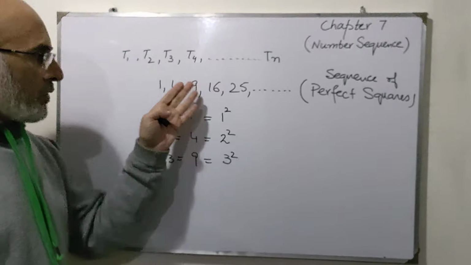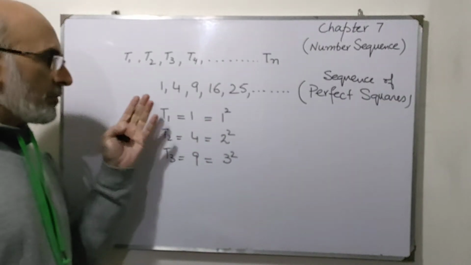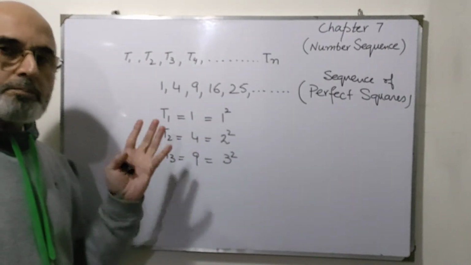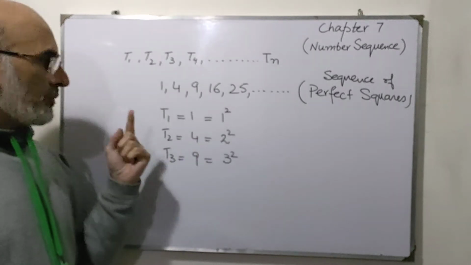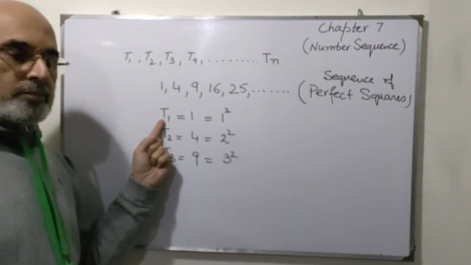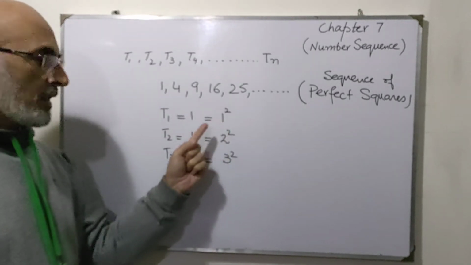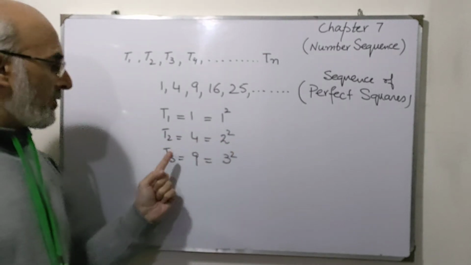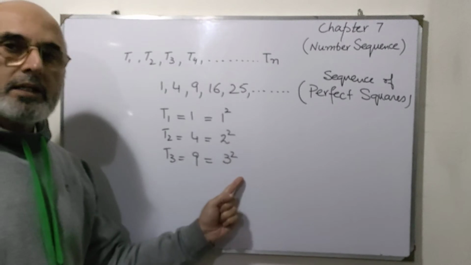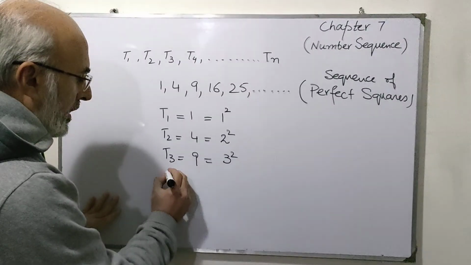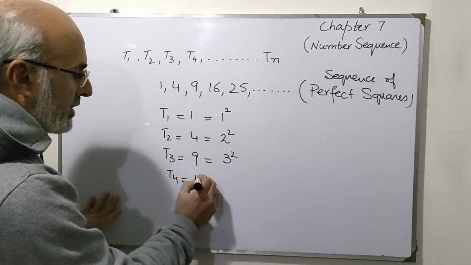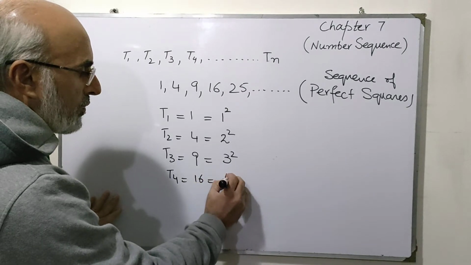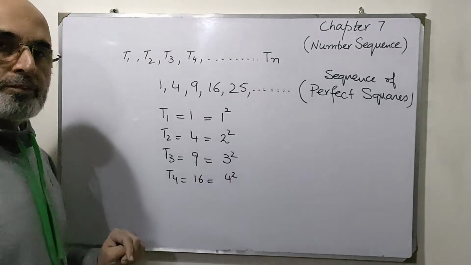So we can see there is a certain pattern here. If it is term 1, we are squaring 1. If it's term 2, we are squaring 2. If it's term 3, we are squaring 3. If it's term 4, which is 16, we are going to square 4.